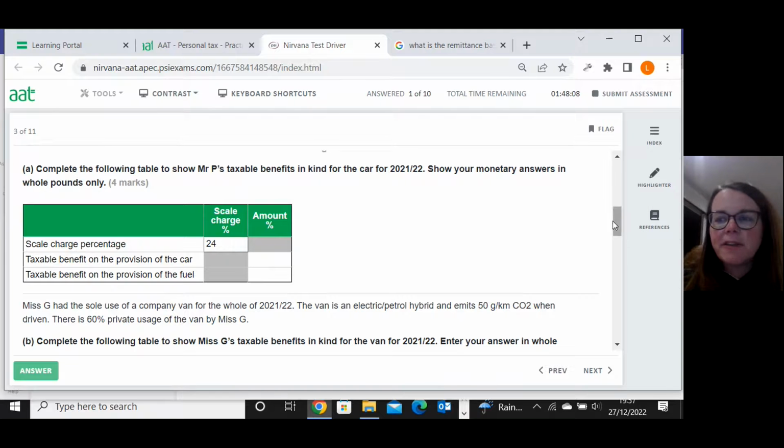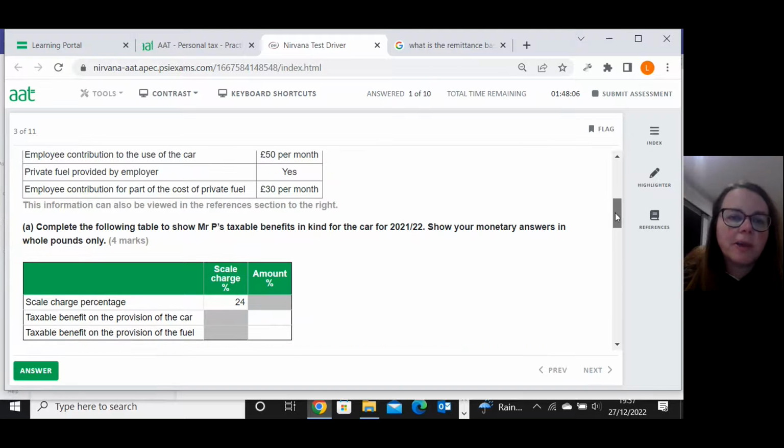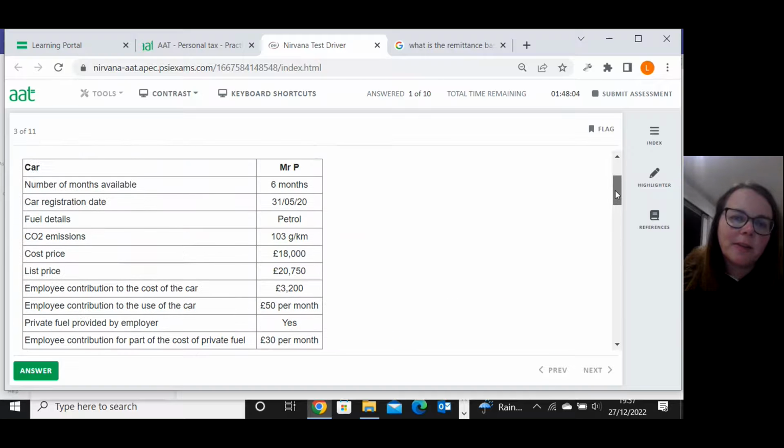The taxable benefit on the provision of the car. We take that 24% and times it by the list price minus the 3,200. So work out what 20,750 minus 3,200 is, then work out 24% of that.